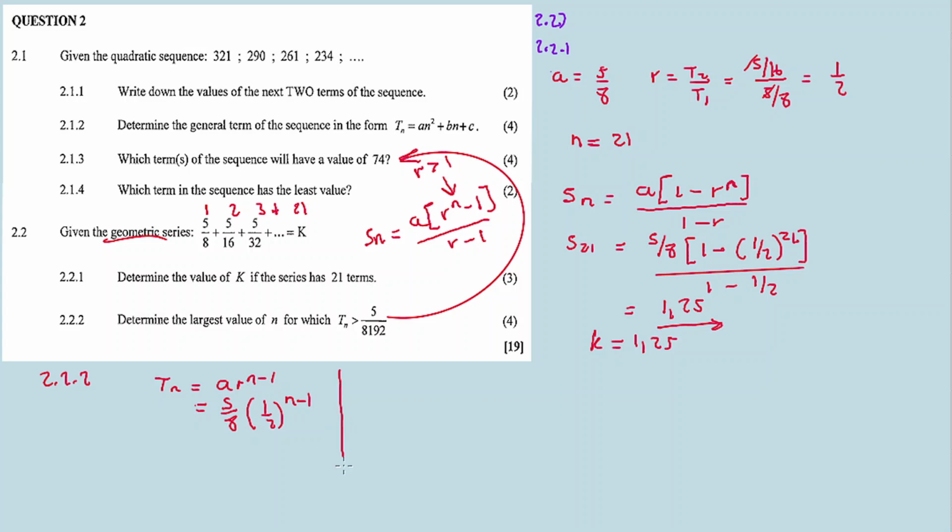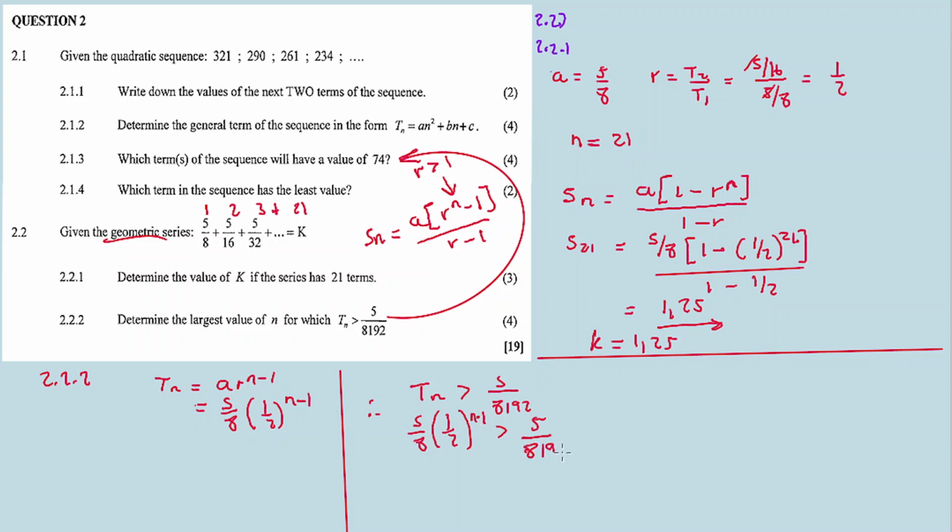Therefore I want the largest value of n where this is true. Tn is 5 over 8192. Tn is what? It's 5 over 8, 1 over 2 to the n minus 1, equal to 5 over 8192.